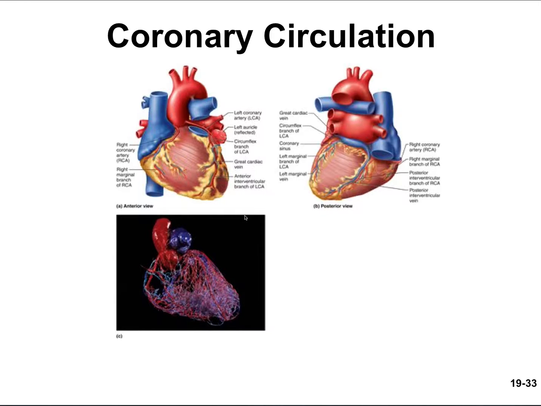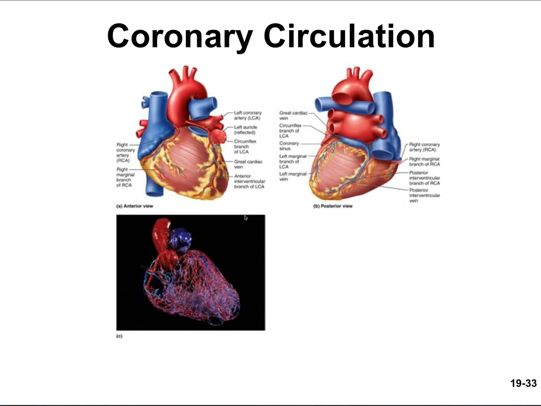The right coronary artery supplies the right atrium and sinoatrial node, continues along the coronary sulcus under the right auricle, and gives off two branches of its own. The right marginal branch runs towards the apex of the heart and supplies the lateral aspect of the right atrium and ventricle.